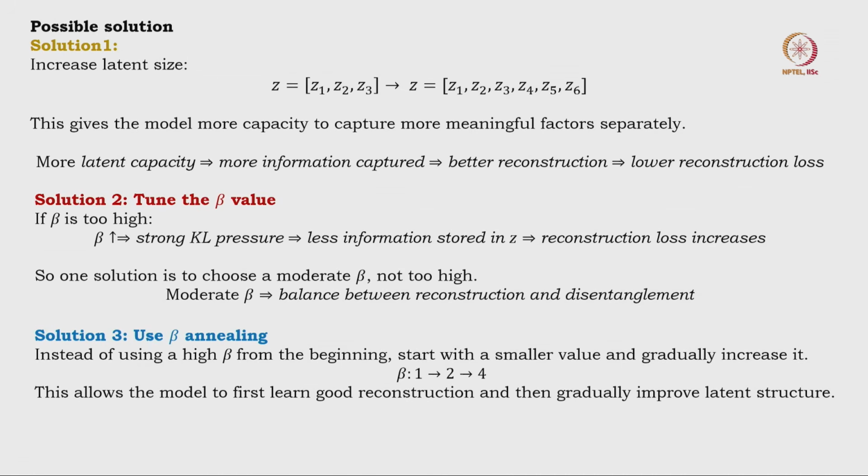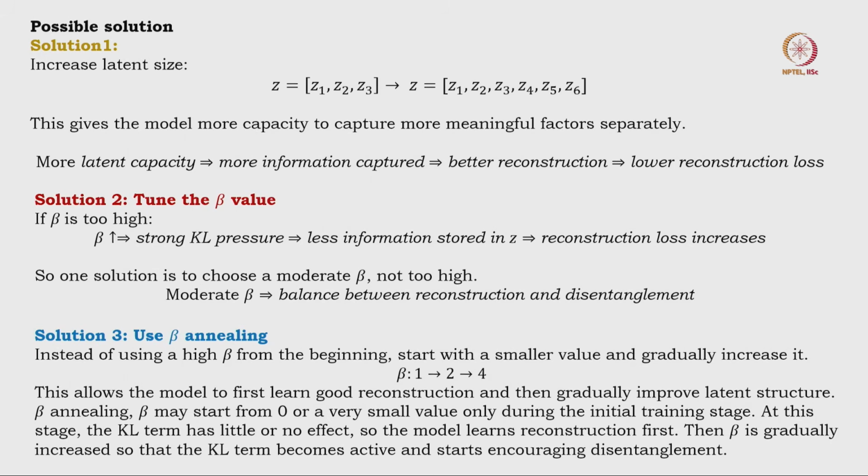This allows the model to first learn good reconstruction and then gradually improve the latent structure. So in beta annealing, beta can start with 0 or a very small value during the initial stage of training. When the beta value is very small or 0, the second term ideally becomes 0, so more importance is given only to the first term, which is reconstruction. So you are first allowing the model to focus on good reconstruction.